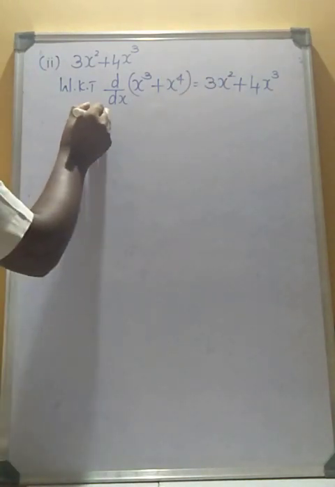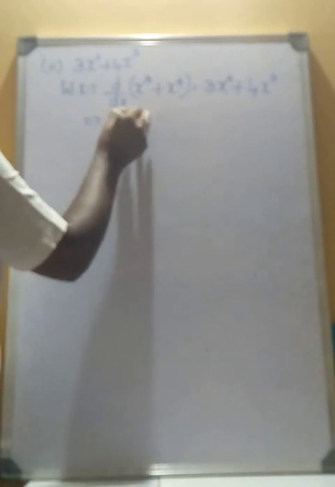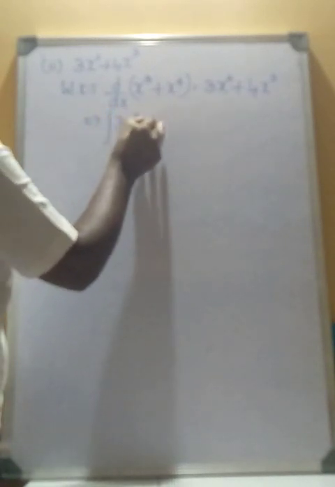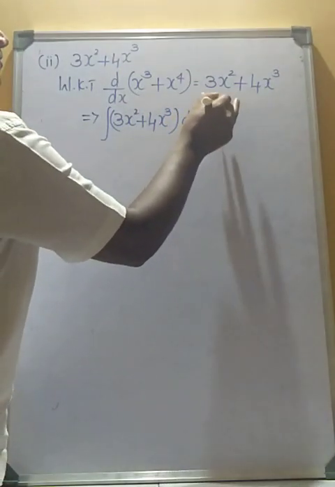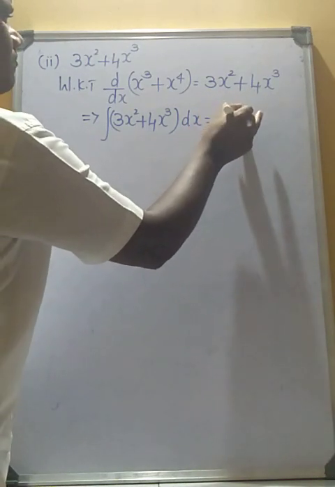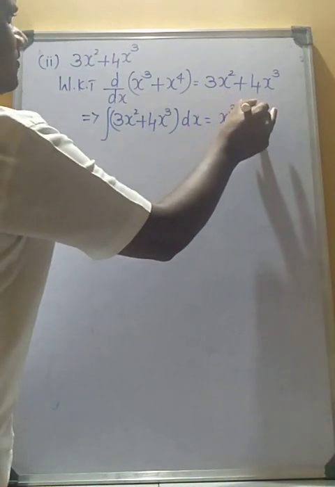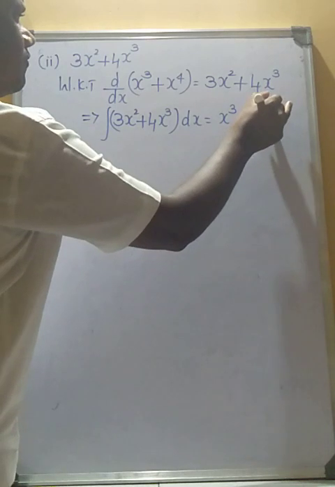This implies taking the integral of 3x square plus 4x cube dx is equal to x cube plus x to the power of 4.